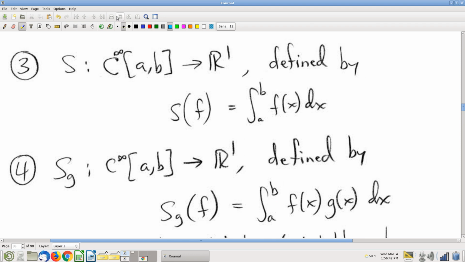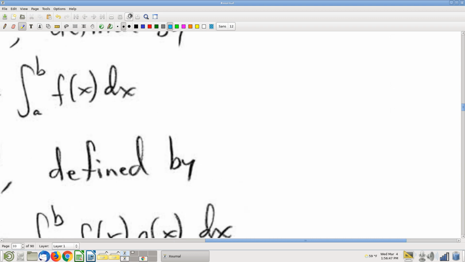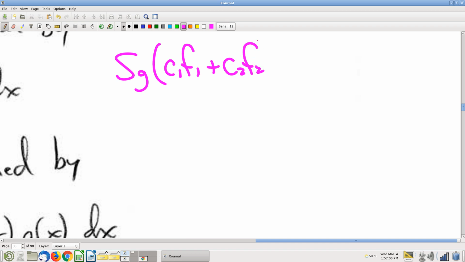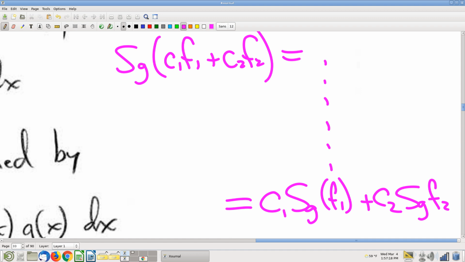Okay, let me slide over here where I have a little bit of space to work with. So what I need to do is compute SG of C1F1 plus C2F2, and when I get done with that, what I'd better get, if I claim that this is linear, I'd better get C1 SG of F1 plus C2 SG of F2.